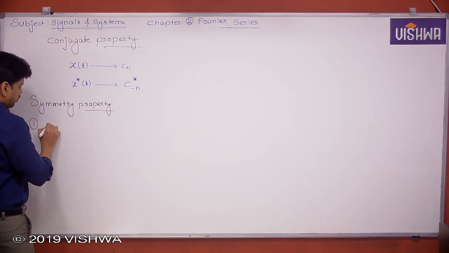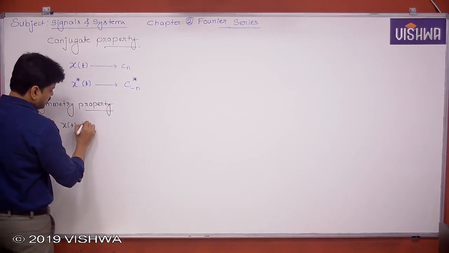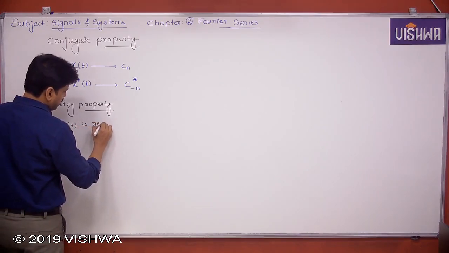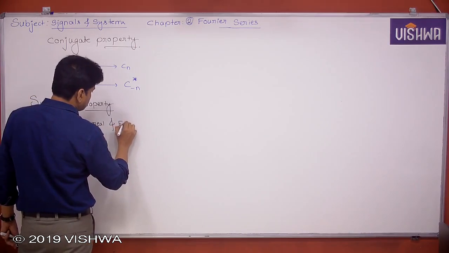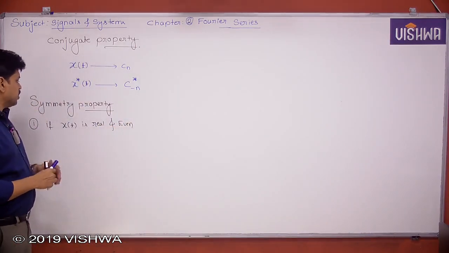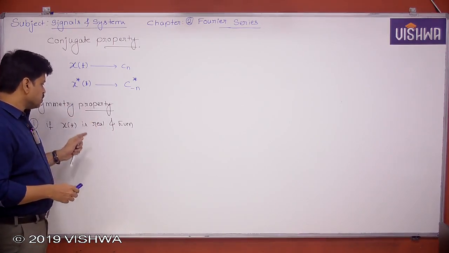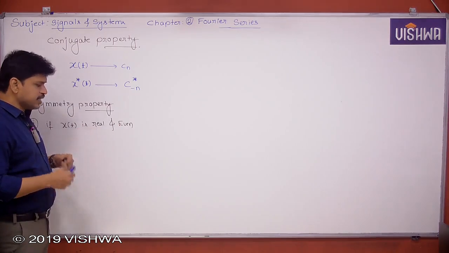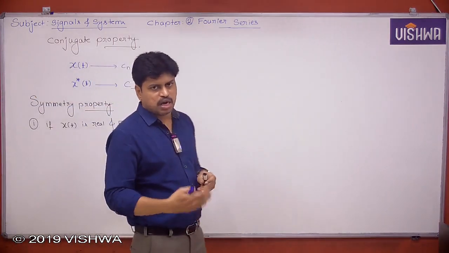First one, let's say if x of t is real and even, then what is the nature of Cn? Now we know that if a number is real, how can we test whether it is a real number or a real signal?